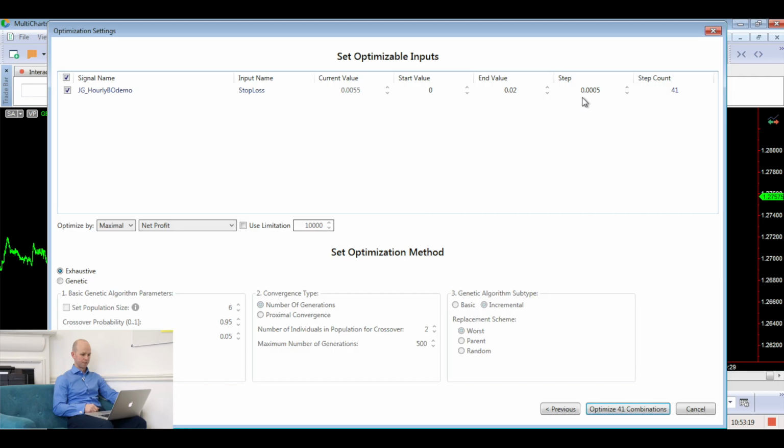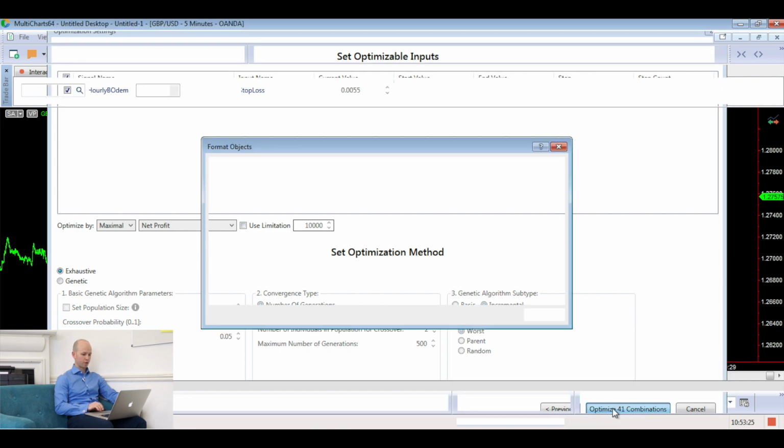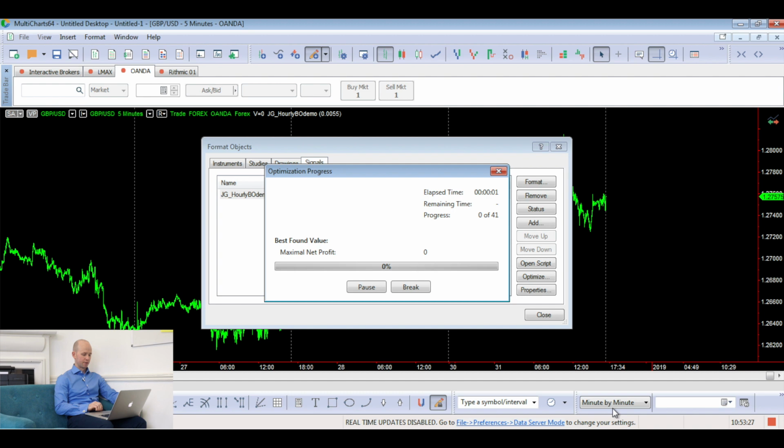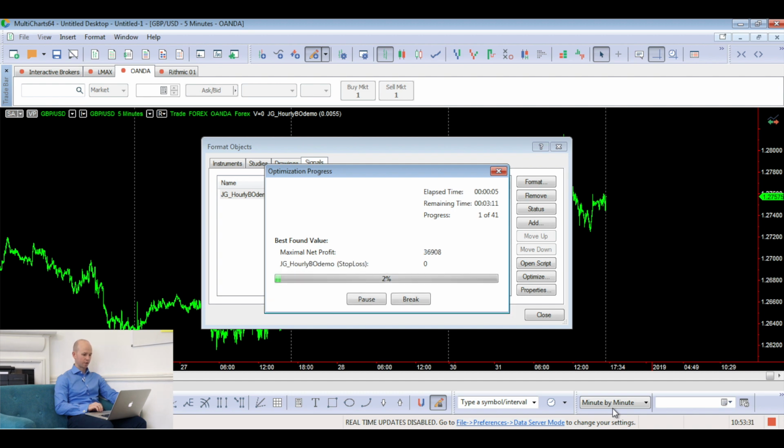I could go up to 1,000 pips or 2,000 pips, but there'd be no point, and I'm sure the results will be evident when we start looking at them. So we've got 41 combinations to optimize there. So if we click on the optimize button and let that go through its optimization process, then we can look at the results.